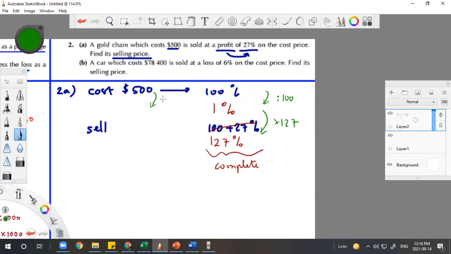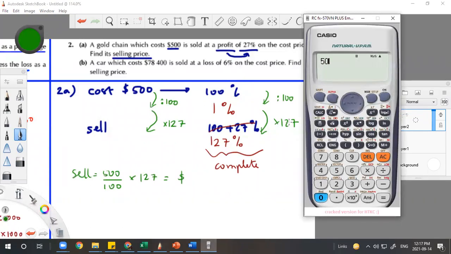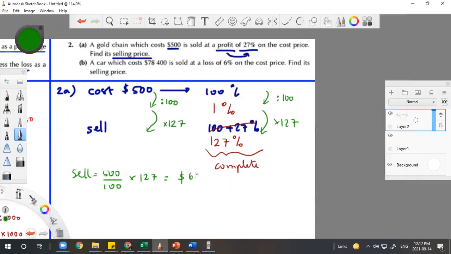So you need to do the same way from the right side. So the selling price will be 500 divided by 100, and you multiply by 127. You will sell for $635. This will be your answer.